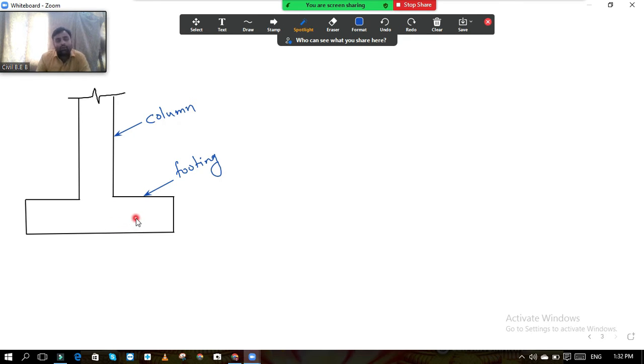Now one more type is there, the stepped isolated footing. Then the strap footing. Stepped isolated footing means steps are made. Normally it is not used, but if I draw the diagram of that, it will look like this.